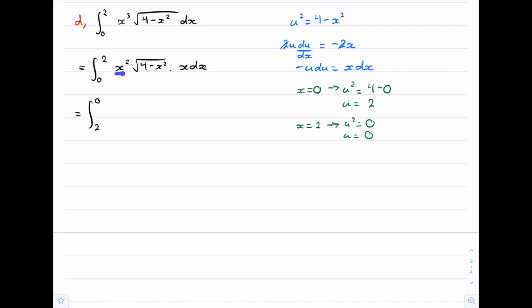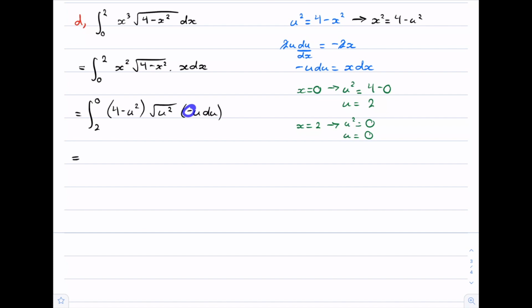Now this x squared bit, that's going to come from up here. We can rewrite this as x squared equals 4 minus u squared. So we want to substitute that in for our x squared. So we have 4 minus u squared. The square root of 4 minus x squared, so this becomes the square root of u squared, times x dx. Well, what's x dx? That's minus u du. So this is multiplied by minus u du.